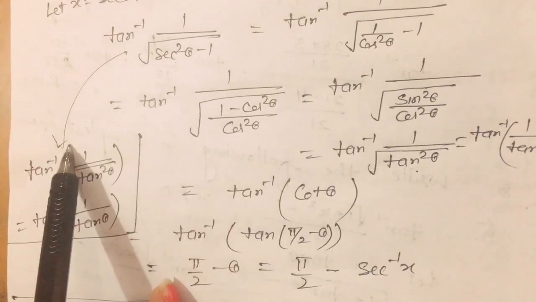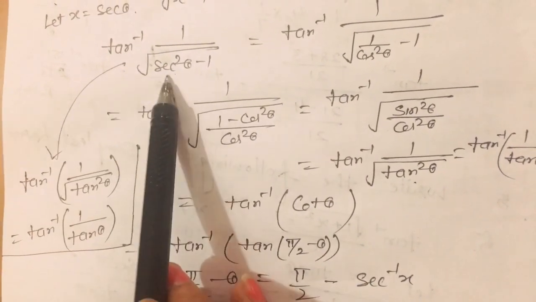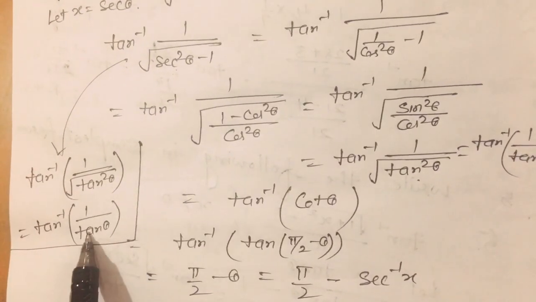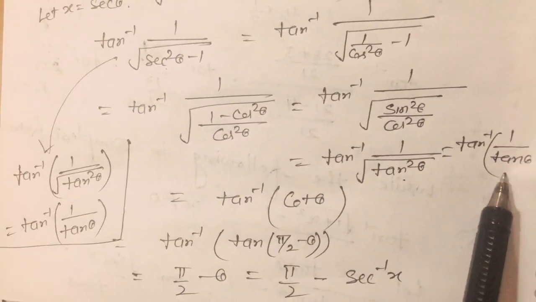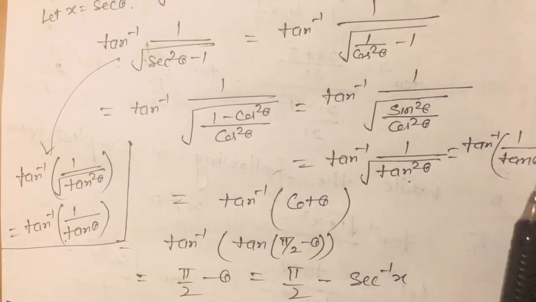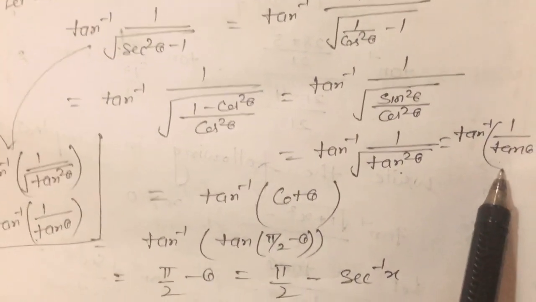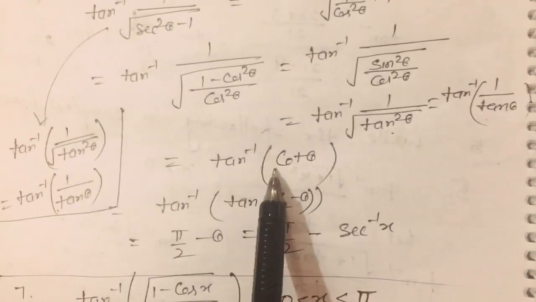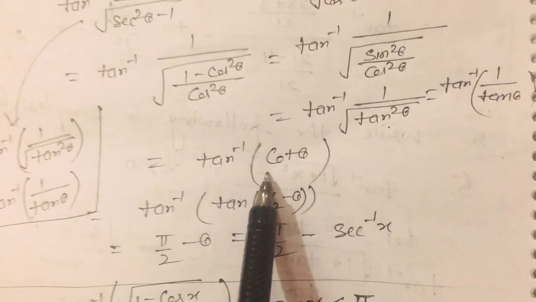Otherwise you can take the direct step: secant square theta minus 1 is tangent square theta, and the square root of tangent square theta is tangent theta. So 1 upon tangent, you can write it like this. Tangent inverse of 1 upon tangent theta, 1 upon tangent means cot, and if I want to cancel, then it should be tangent.